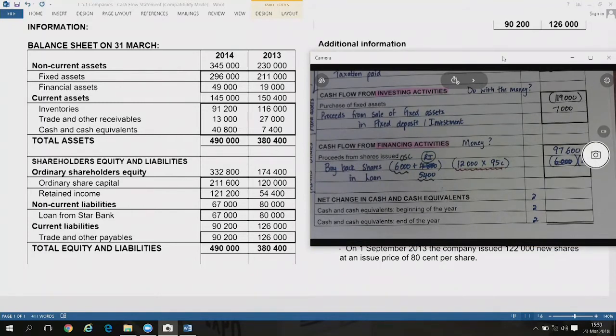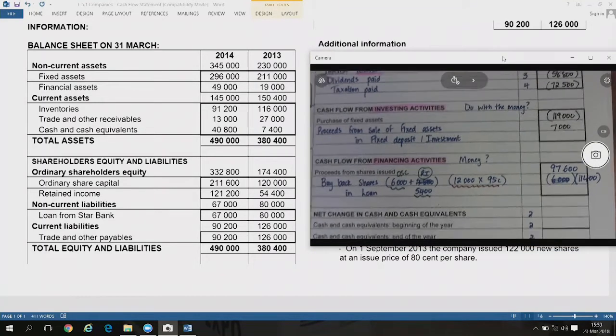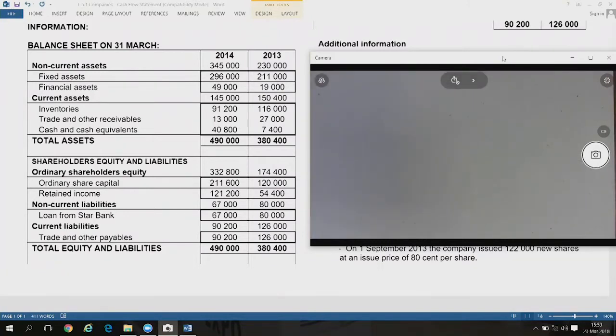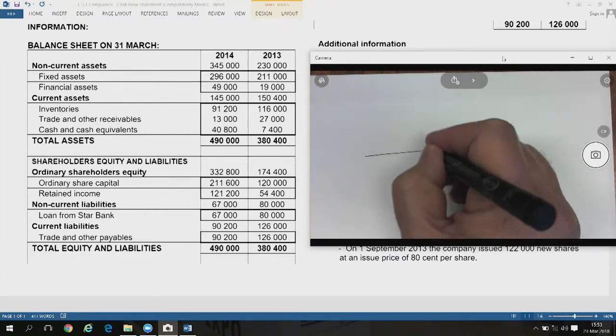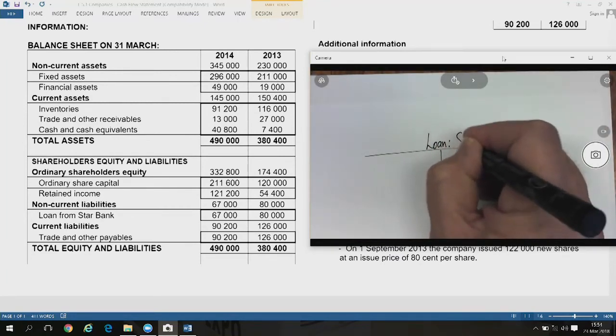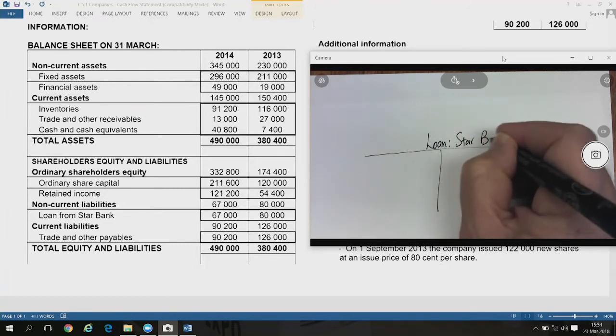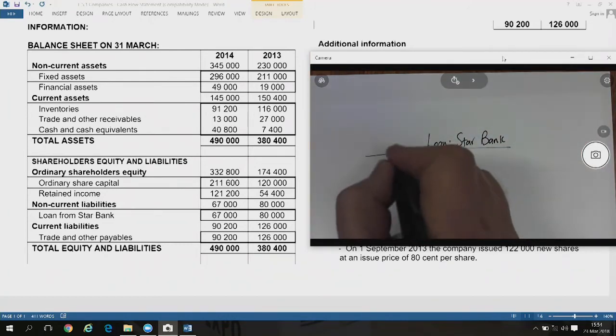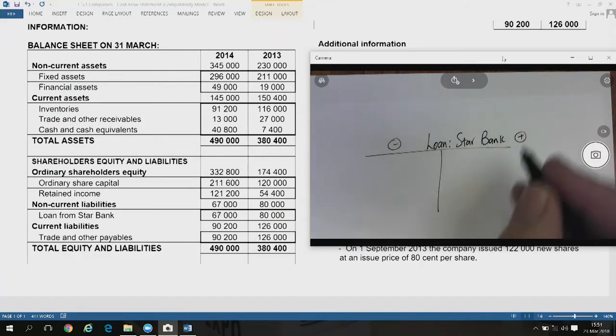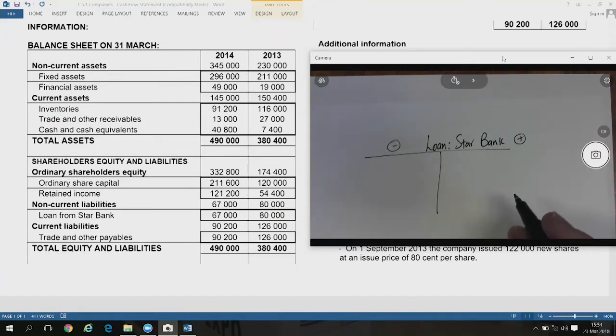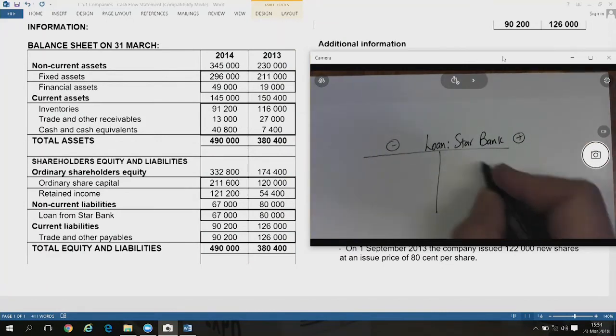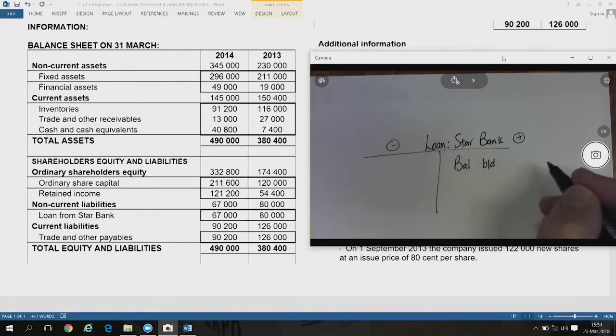I'm going to open an account for the loan, just to show you how easy it is if you put that loan in a T account. Remember, loan is a minus plus because it's a liability. I've got a balance at the beginning of the year brought down, and that balance was 80,000.